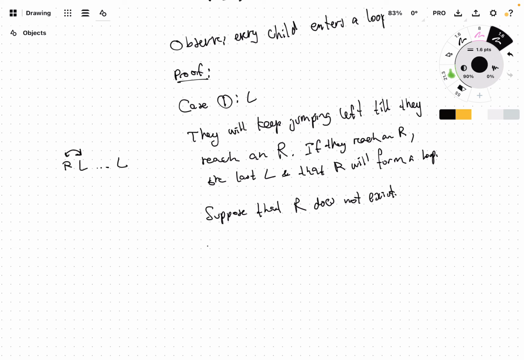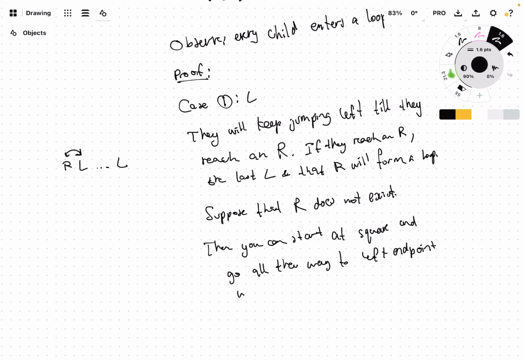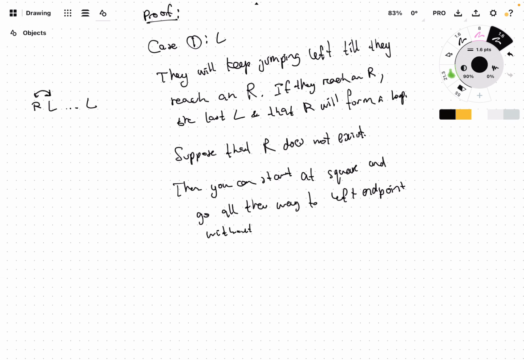So you start at the square with L and go all the way to the left endpoint without an R. Because if you're only jumping left until the end, you will reach the left endpoint at some point.